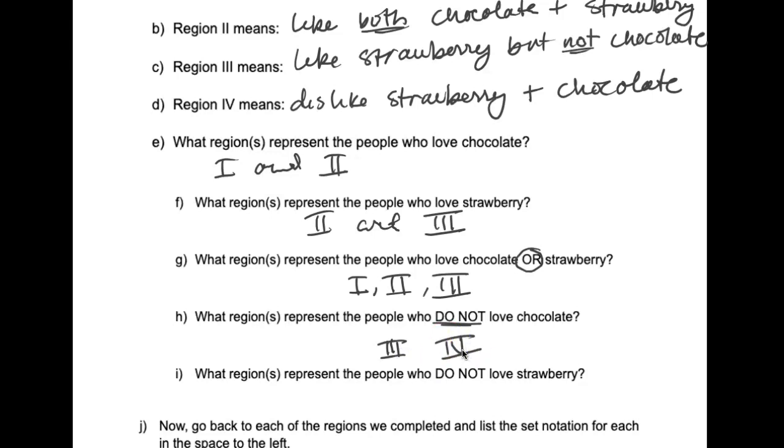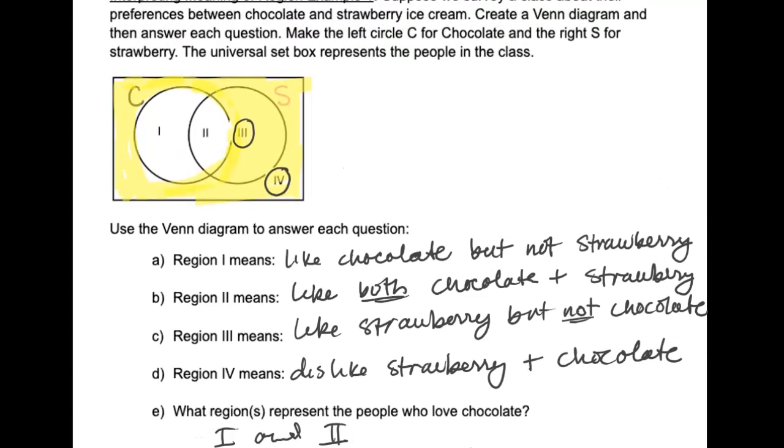Okay, and then what regions represent the people who do not love strawberry? This is going to be similar to the last one. I'm going to erase that shading and put my C and my S back. Who does not like strawberry? I'm going to highlight right around the strawberry circle and shade everything outside of it.